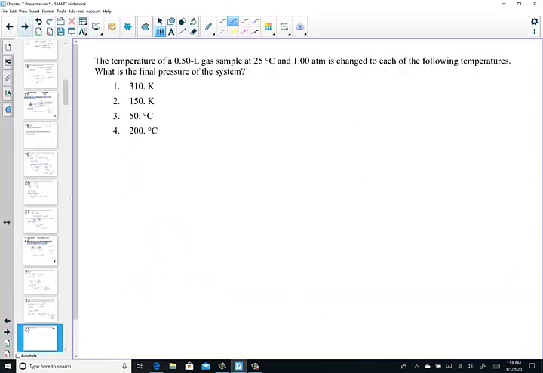How about trying these on your own? We have a temperature, 0.5 liters of a gas, 25 degrees Celsius, and the pressure is 1 atmosphere.